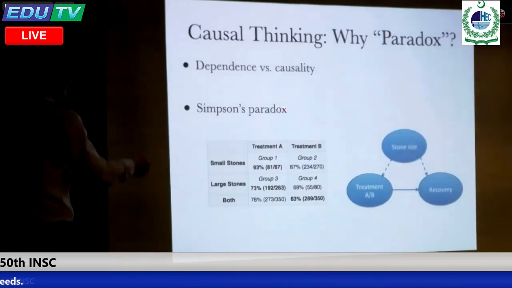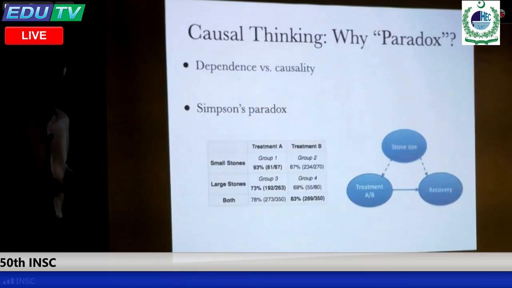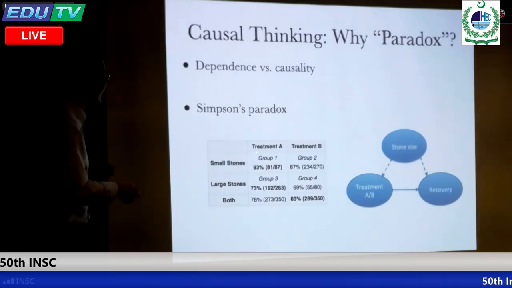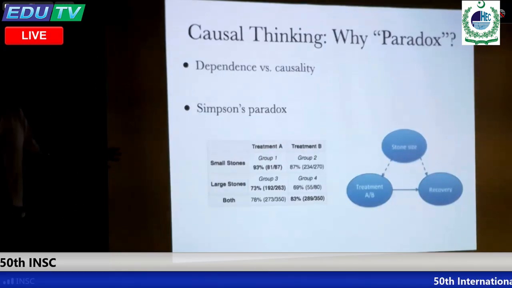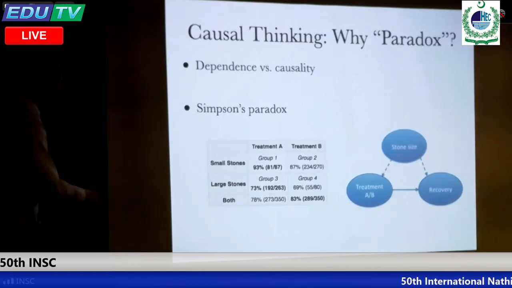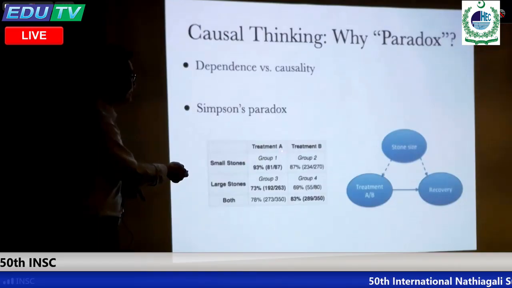And now comes the second example, to illustrate Simpson's paradox. This is a real data set published in the 1970s. In the hospital, there are two treatments to treat kidney stones. We have two groups of patients, with small stones and large stones. Now you can see that for the group of patients with small stones, A is better.